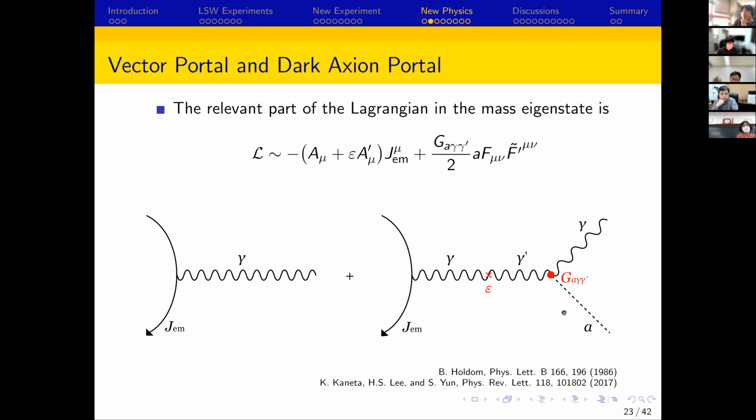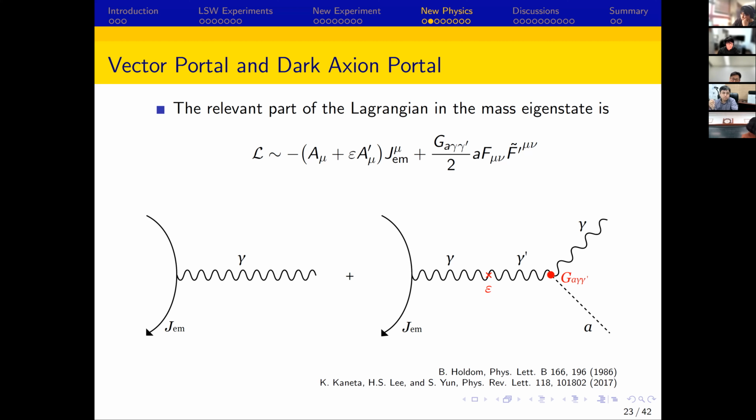So by having this process, your original photon loses its energy. No, to talk about the energy, we have to go to the mass eigenstate, and I'm trying to point out that the Feynman diagram on the right side is just the interaction eigenstate. If you go to the physical eigenstate, the mass eigenstate, what is really generated is the dark photon with a suppression factor epsilon, which is the heavy one, and that one decays. It's not like the photon decays into another photon.